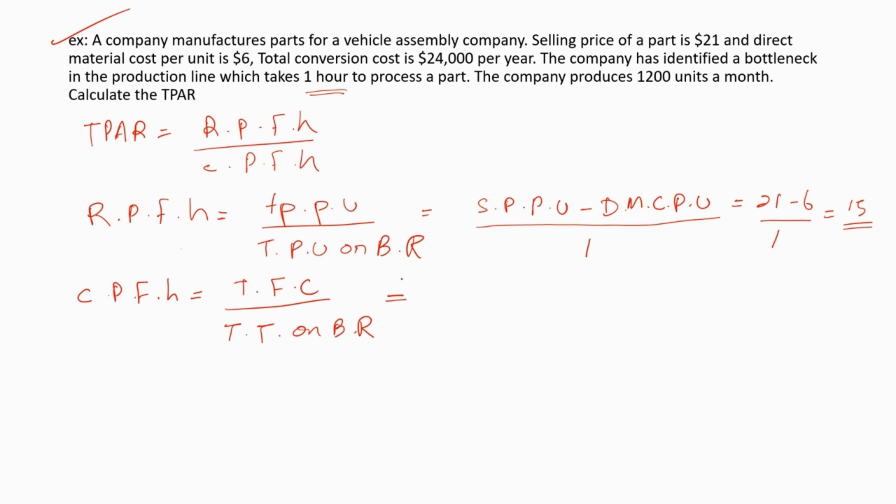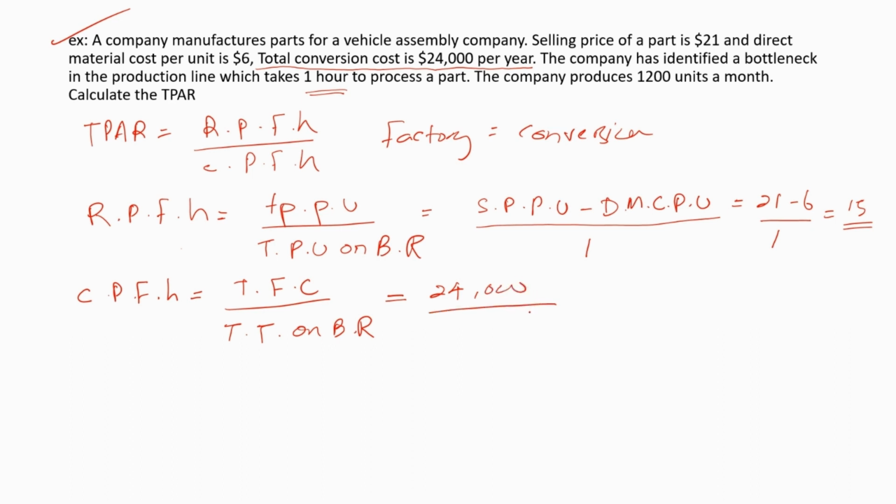So what is the total factory cost? If you remember, factory cost is also known as the conversion cost. They have given us the total conversion cost, which is $24,000 per year.